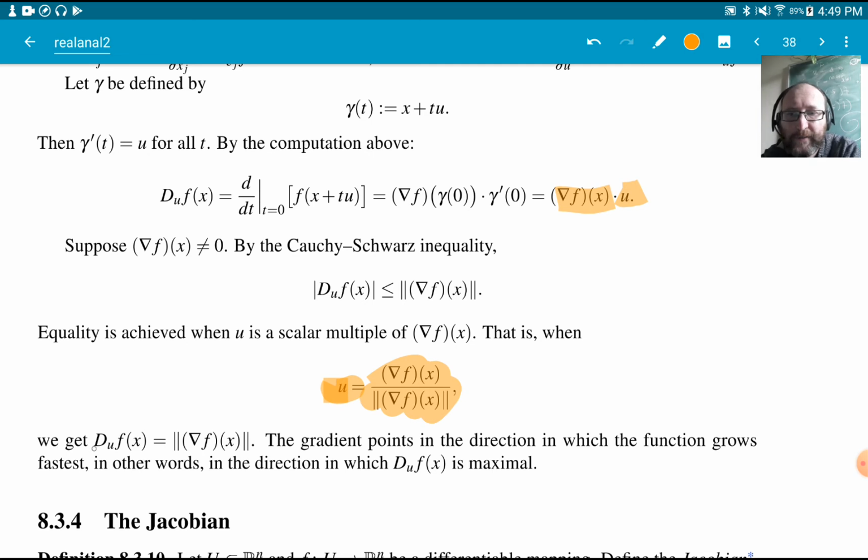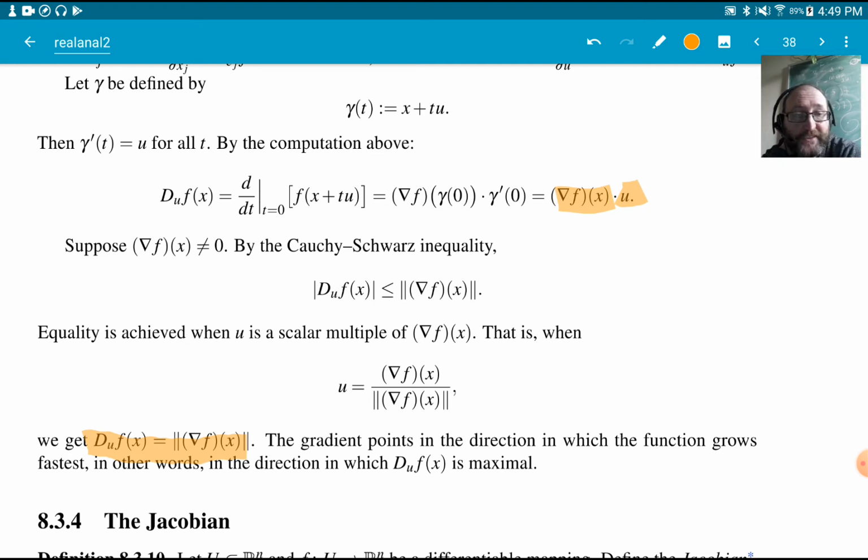In that case, we get this equality with the positive sign, while minus u would get us a negative sign. So that means the direction of the gradient gives us the largest rate of change. The function grows the fastest in the direction of the gradient.